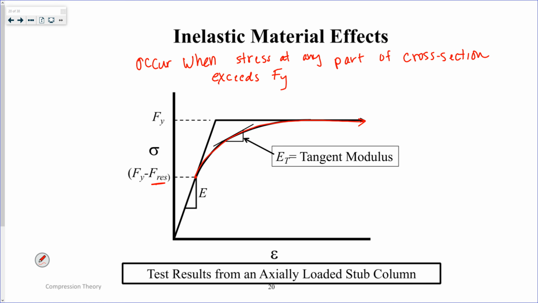We're going to have a curve more like that rather than straight elastic-plastic. And we can calculate a tangent modulus, which is the elastic modulus associated with that curve. So it's tangent to the curve.